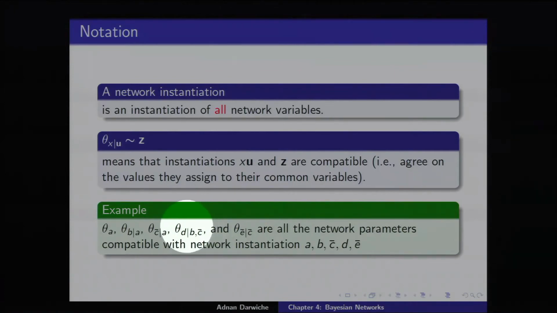So this number, whatever it is, represents the probability of d being true given that b is true and c is false. Correct? Okay. This is a variable instantiation that also fixes the value of every variable. And what we're saying is wherever this guy is referencing is compatible with this instantiation. They assign the same. So variable d is true here, variable d is true here. Variable b is true here, variable b is true here. If the variable b here was false, that would not be compatible with this guy, right?